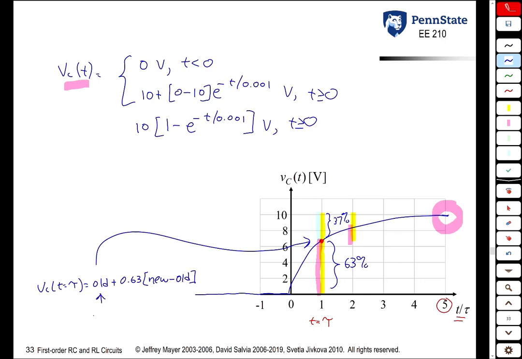By old, of course, what I mean is the value at 0 plus. By new, I mean, of course, the value at infinity. So in this particular example, this would be 6.3 volts.